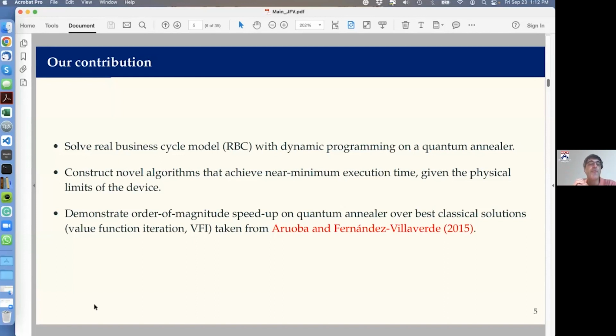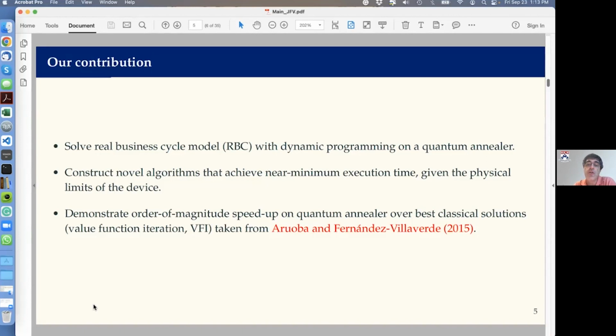And as I was mentioning before, the challenge is that we need to rethink the algorithm that we use to solve this problem to achieve near minimum execution time, given the physical limits of the device. And that's why we are going to propose what I think are in themselves interesting new algorithms for dynamic programming. And I'm going to demonstrate order of magnitude speedups on quantum annealers over the best classical solutions.